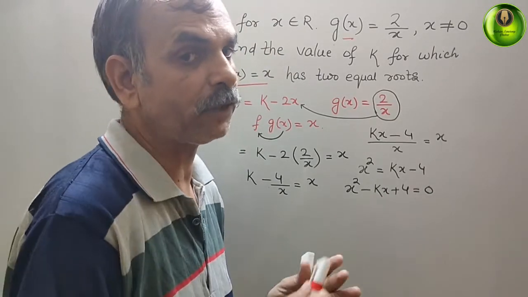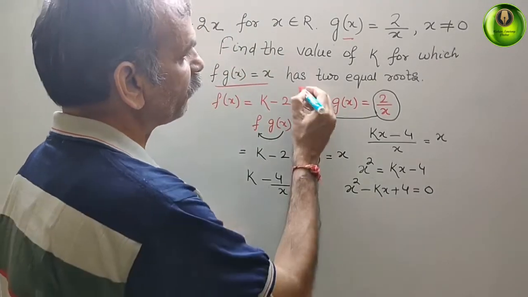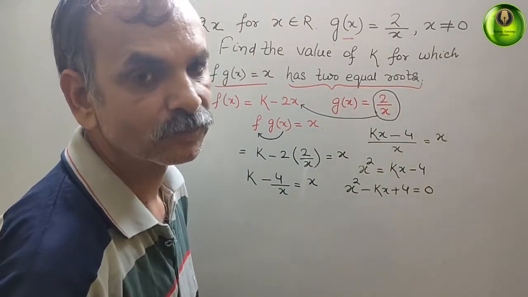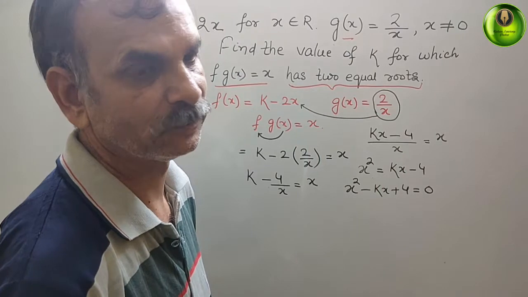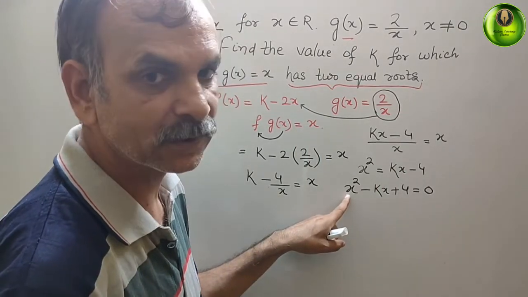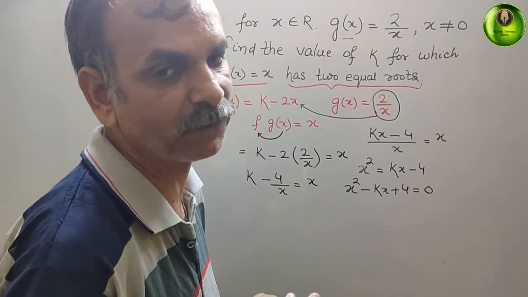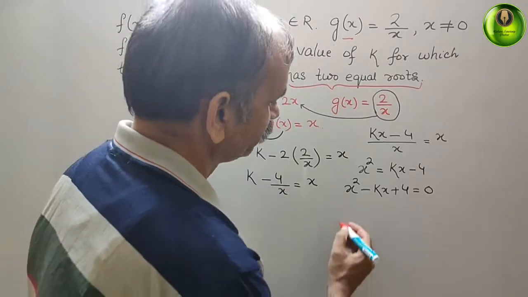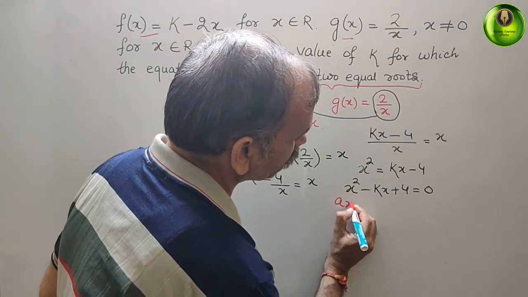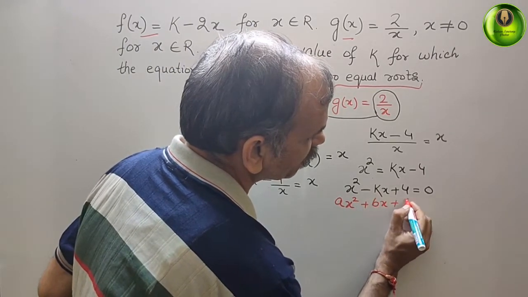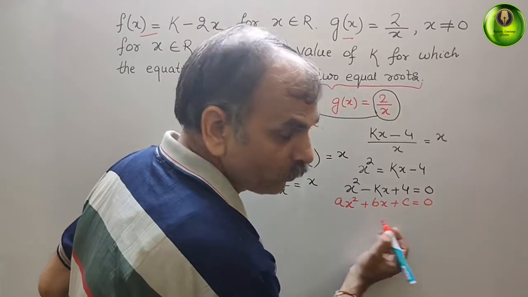For that, what they have given? See that. They have given as 2 equal roots. That means if you put the standard form of quadratic equation, what is that? That is your ax square plus bx plus c, that gives you 0.